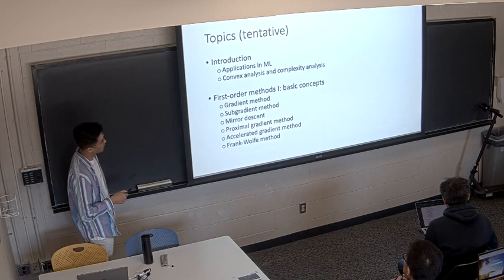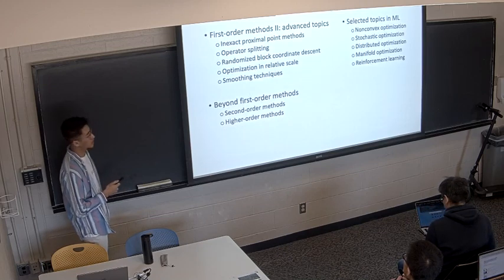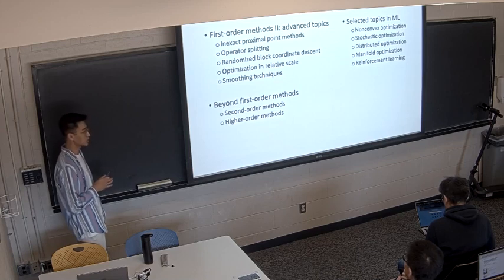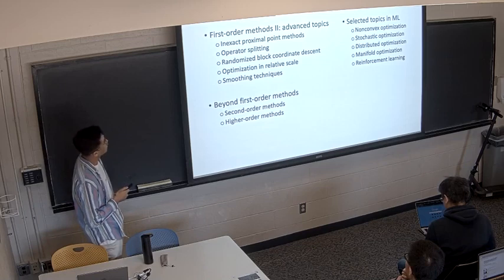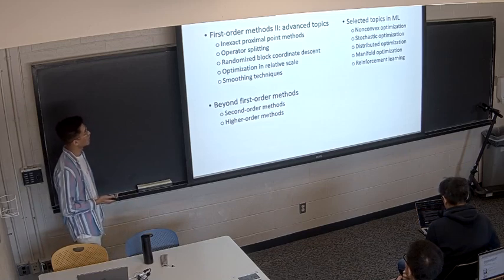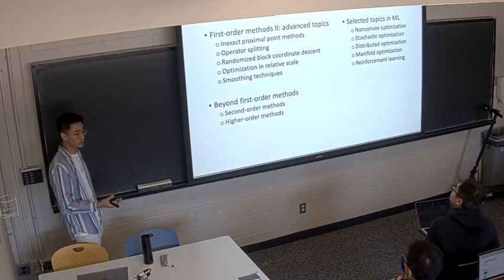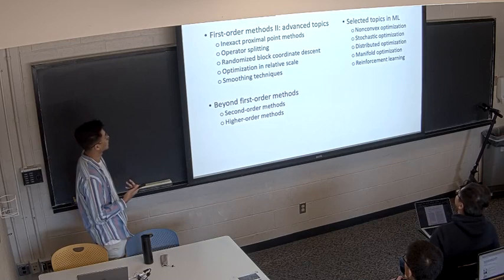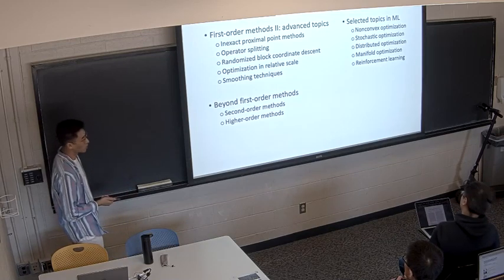Many variants of this one can be viewed as instances of the inexact proximal point method. And also, Nesterov accelerated gradient is an instance of this one. And also for solving min-max saddle point problems, which is the core of, again, generative adversarial networks. To solve min-max optimization, usually we use the Chambolle-Pock method.